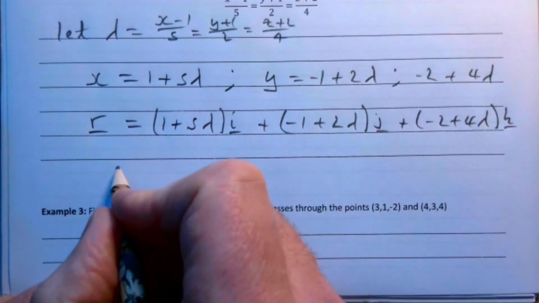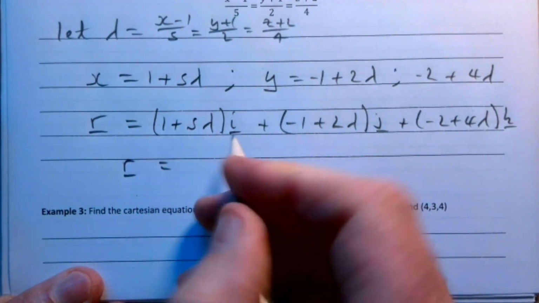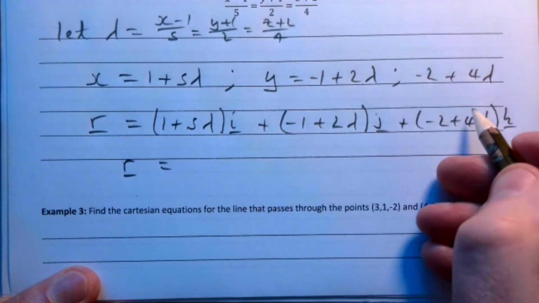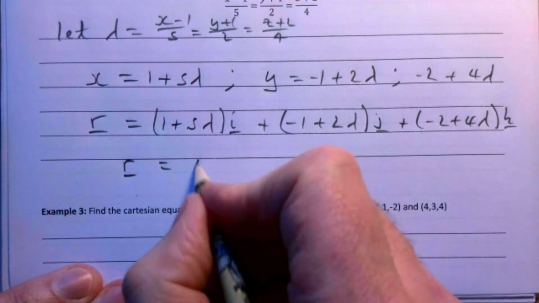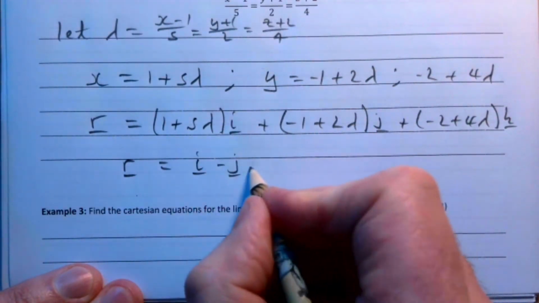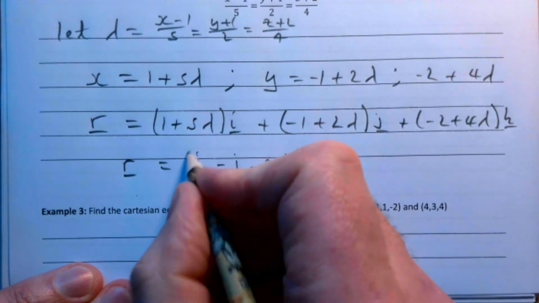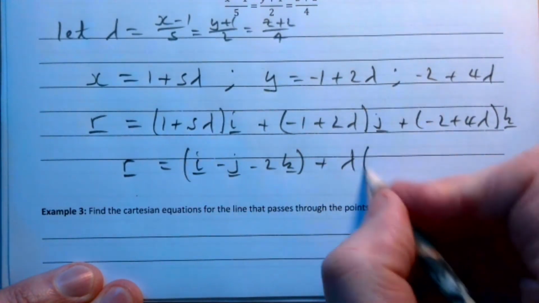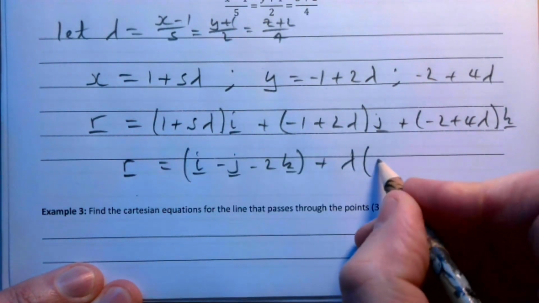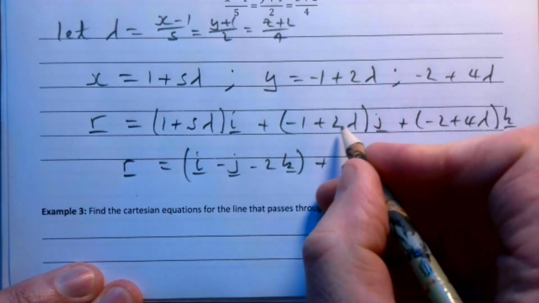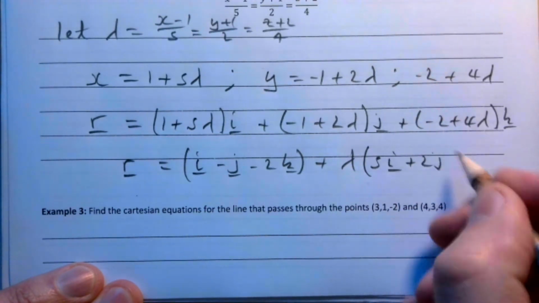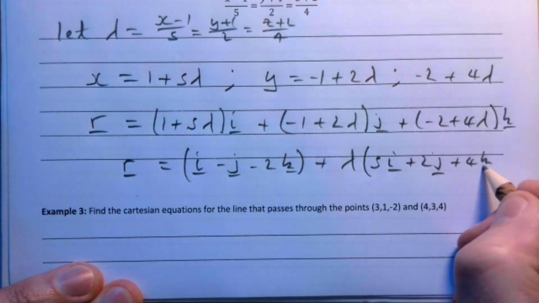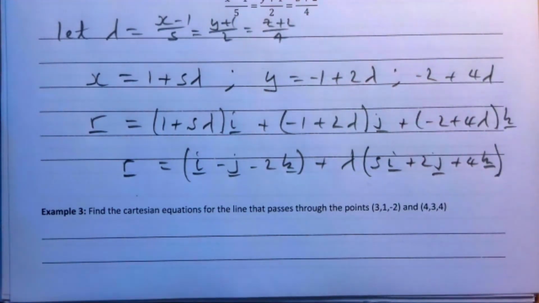Then to separate it out, we're going to have i minus j minus 2k. So that's the a bit, plus lambda b, which is going to be 5i plus 2j plus 4k.